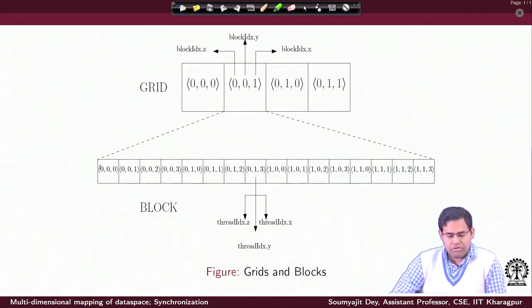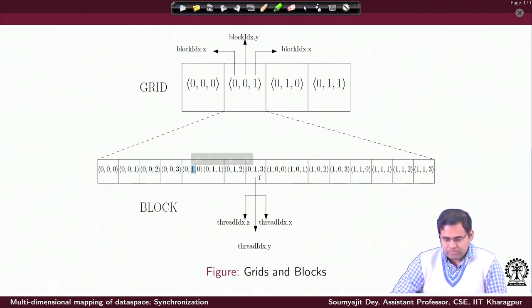So we start with the thread with indexes all 0, and then I have the threadIDX.x increasing to 1, 2, 3. Again we will start from 0, and the threadIDX.y increases from 0 to 1. So I have again 4 consecutive locations where the encoding at the x position is the same as the first 4, but in the y position, instead of having a 0 here, we are having a 1 here.